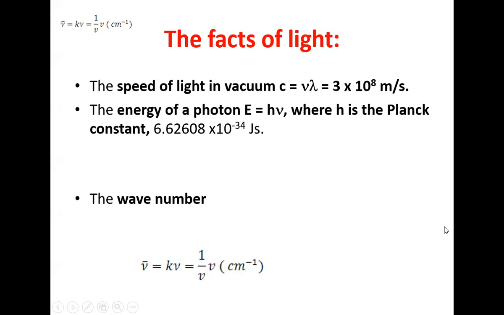So Planck's constant is 6.62608 times 10 to the minus 34 joule second. So you can see there, joule second, right? h nu. This here is nu, and frequency there is 1 per second, correct? So you can see 1 per second.